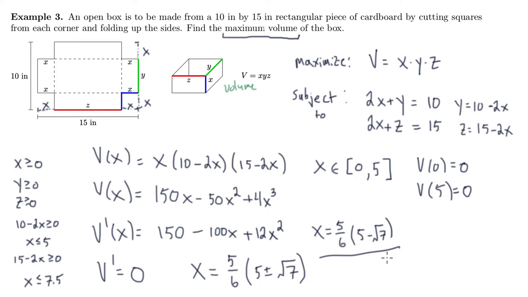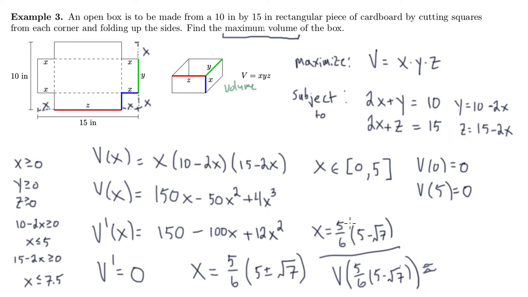Now notice here that the question did not ask for the dimensions of the largest box. It asked for actually the maximum volume. So the answer we need is the volume function evaluated at the point that we now know gives us the maximum volume.